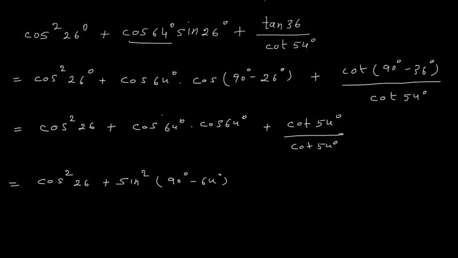So this is cos square 26 plus sin square 26, since 90 minus 64 is 26, and cot 54 upon cot 54 will cancel and I have 1. So here we have cos square 26 degree plus sin square 26 degree plus 1. So this gives me 1 plus 1, which is 2.